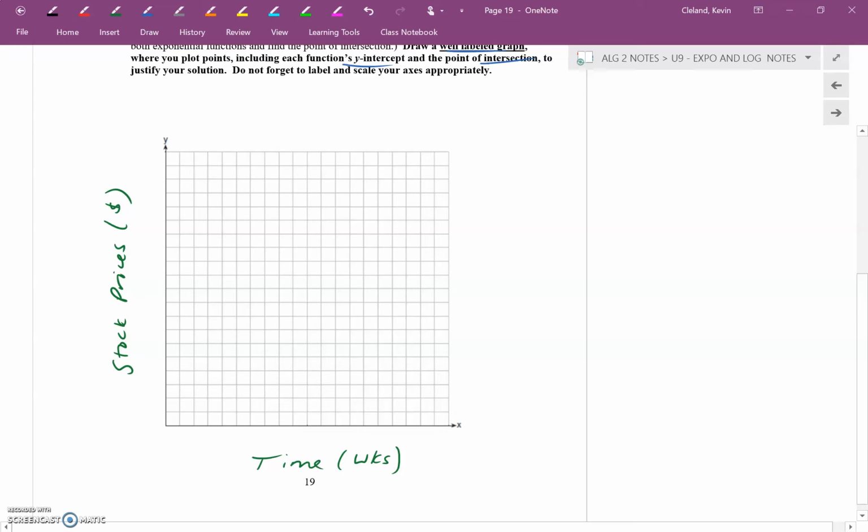We're looking at rates of change over time and finding a tipping point. So I labeled this tipping point between two stocks over time.